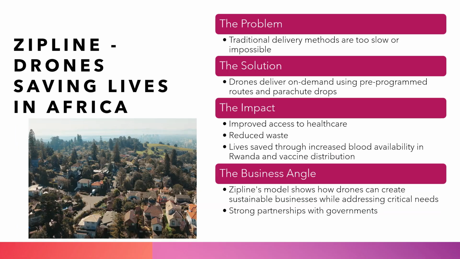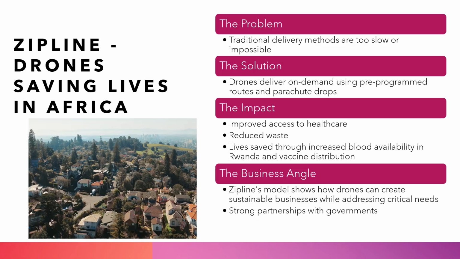Let's look at a real-world example of the transformative power of drones. Zipline. Have you heard about Zipline? This company is using drones to deliver essential medical supplies like blood and vaccines to remote areas of Africa, particularly in Rwanda and Ghana.